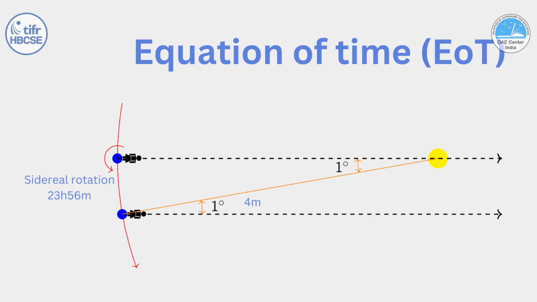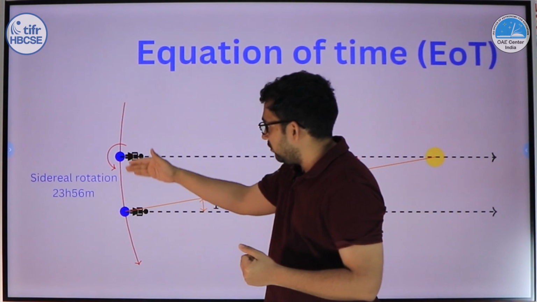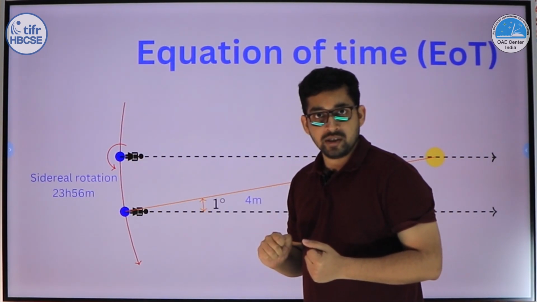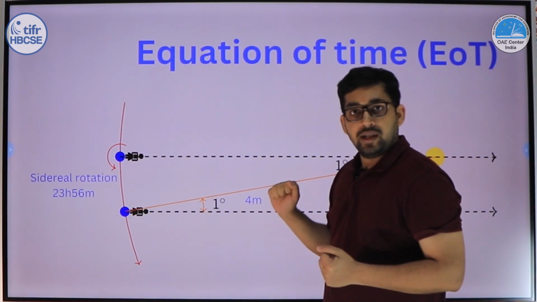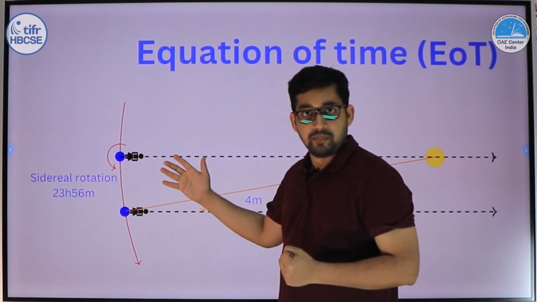However, because Earth's orbit is not circular, it is elliptical and follows Kepler's law, sometimes the angular velocity of the planet is fast compared to its average angular speed, and sometimes it is slow. Let us consider what happens when angular velocity is fast. Let's say Earth is near perihelion.